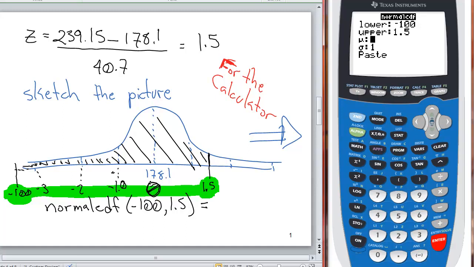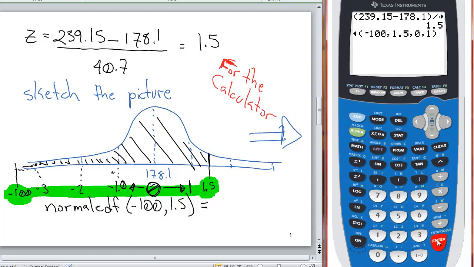Okay, and then what is the standard deviation for z-score? Well, the standard deviation is always 1, right? I've gone from negative 1 to positive 1. The standard deviation is always 1. So mu is 0. That's the z-score for the center. And the standard deviation for z-scores is 1. So those guys are just fine, and I'm going to hit enter.